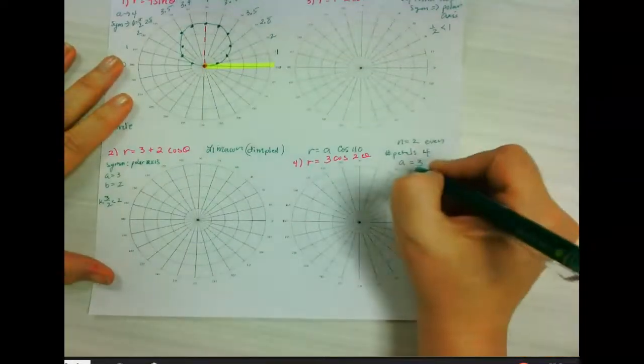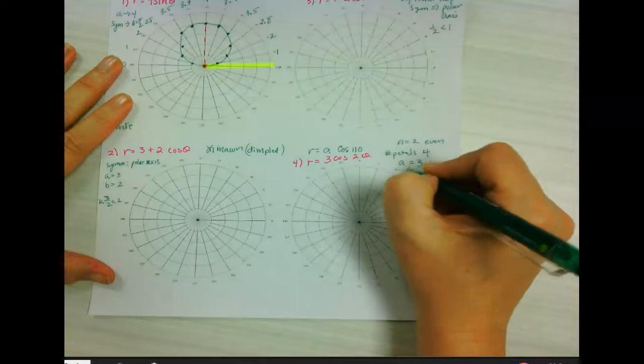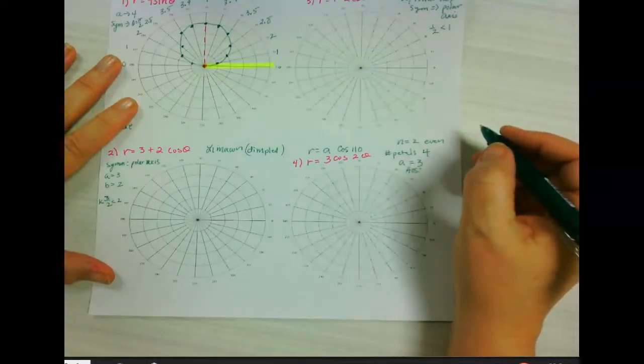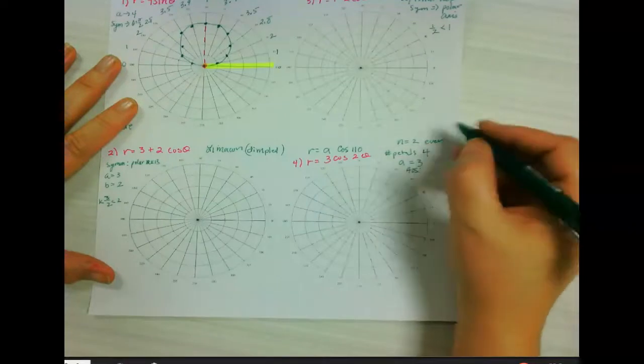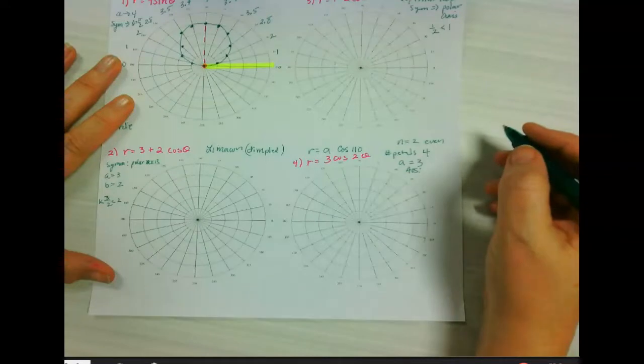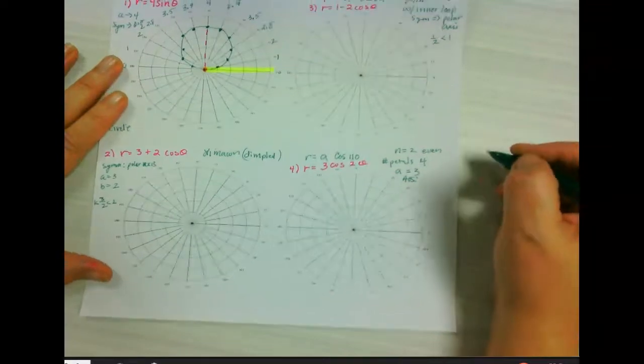So, axis of symmetry? Well, let's see. It is a cosine. So even though it may look symmetrical to different axes, technically it is described by what's given.